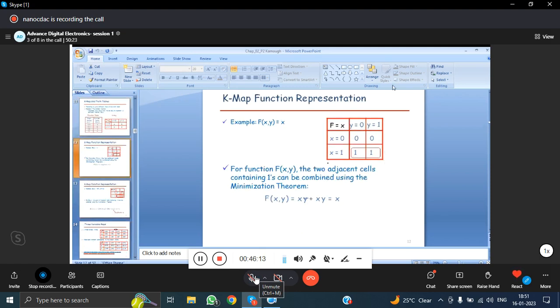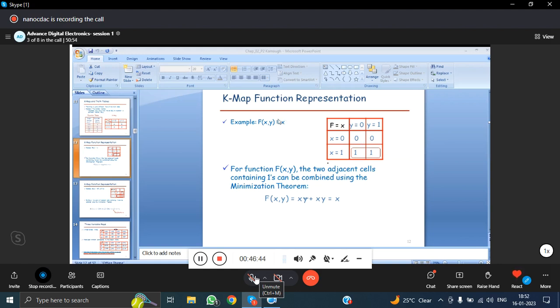So the example is f of x comma y is equal to x. Okay, so see here, the function is x. This is y is equal to 0, y is equal to 1, x is equal to 0, x is equal to 1. So for the function f of x comma y, you can see the two adjacent cells containing ones can be combined using the minimization theorem.